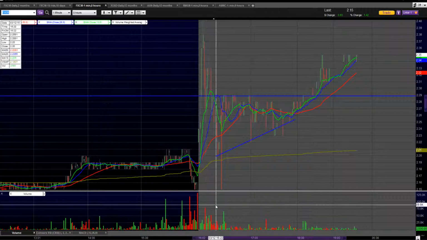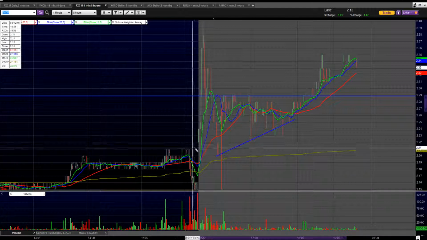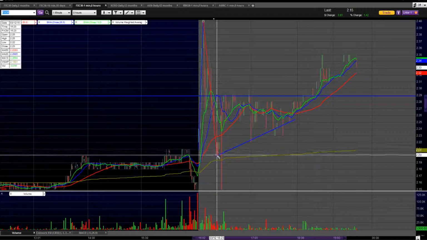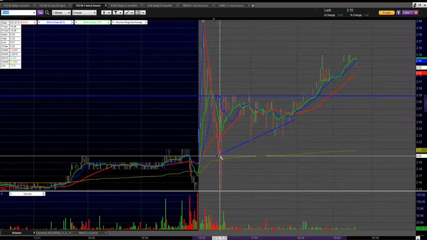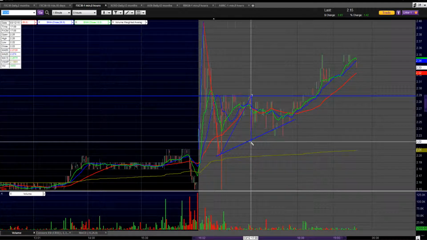So here's one more setup for the ABC trade. You can see here that this one spiked up about $2.40, pulled all the way back down to 220, ramped back up, and pulled back down to 222.